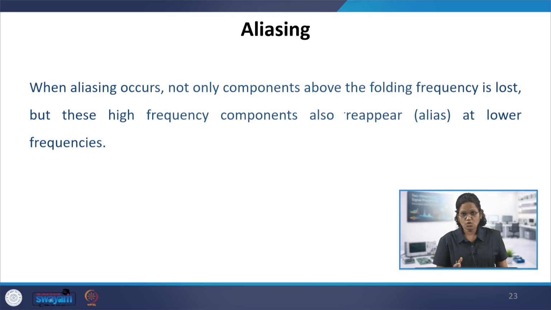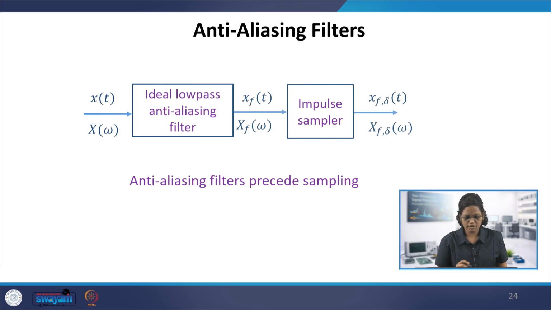So the high frequency component appearing as the low frequency component is nothing but this aliasing with respect to the folding frequency. For the anti-aliasing filter, if we have x of t, pass it through a low pass anti-aliasing filter to get a band limited, filtered sequence, and then pass it through the impulse sampler, that is the impulse modulation we have done. You get the sampled sequence and its spectrum.